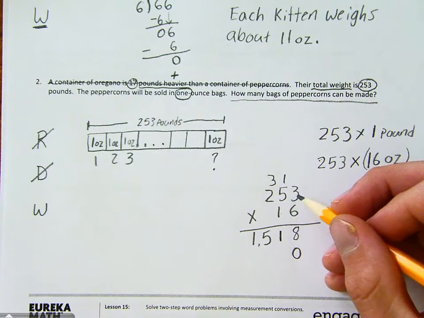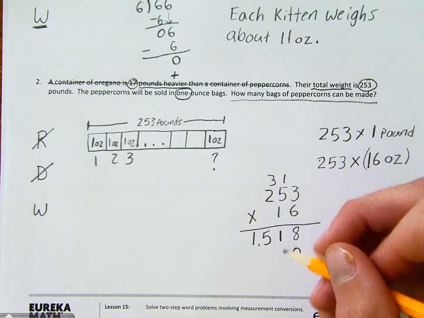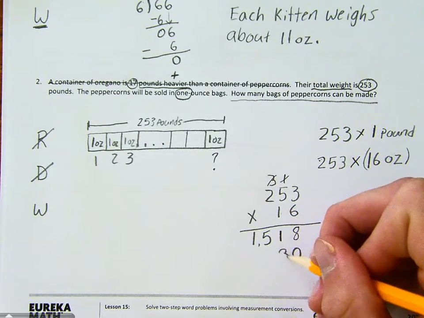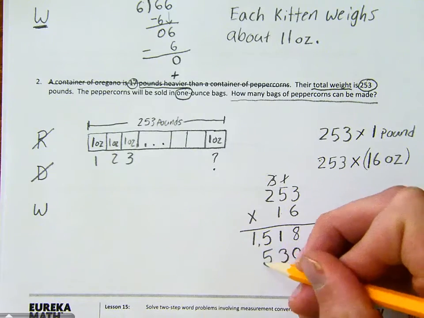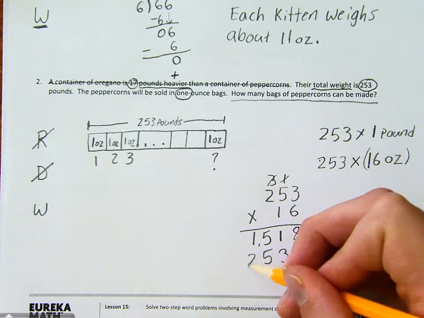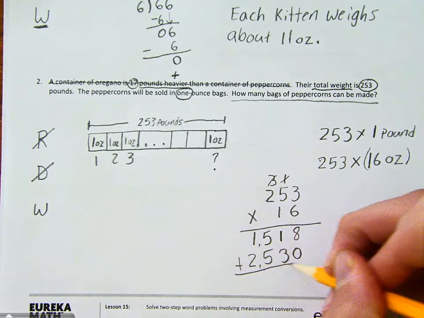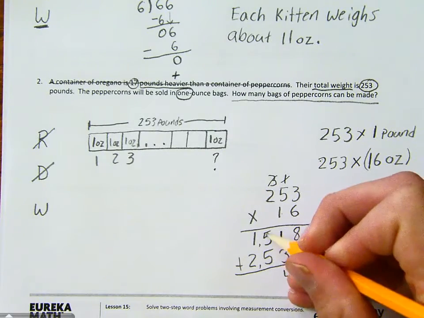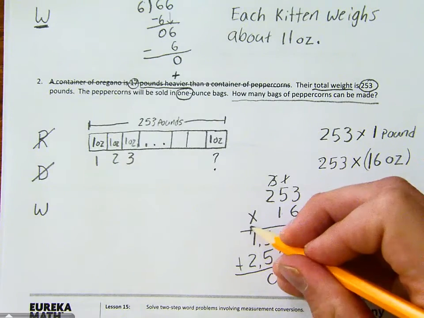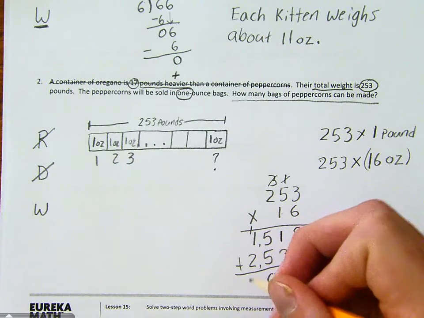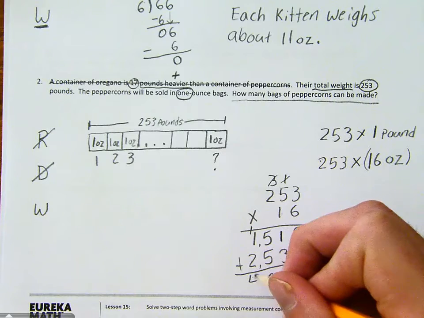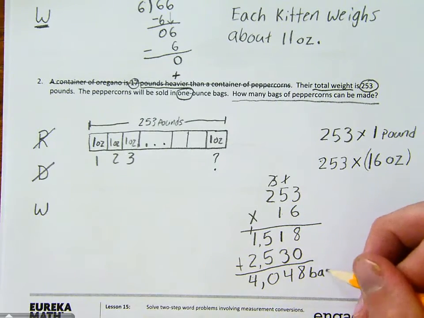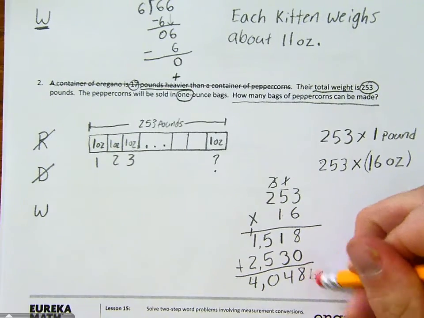I'm multiplying 253 by 10. 3 times 1 is 3. 5 times 1 is 5. 2 times 1 is 2. Then we need to add these together. And we get 8, 4, 5 plus 5 is 10. Carry our 1. 1 plus 1 plus 2 is 4. We'll get 4,048 ounces.